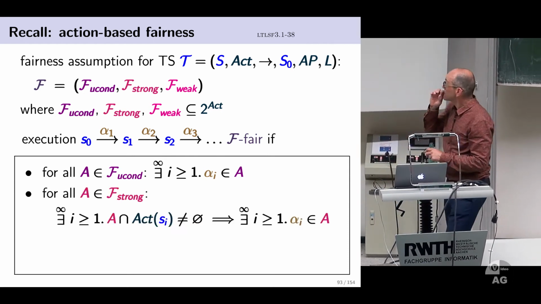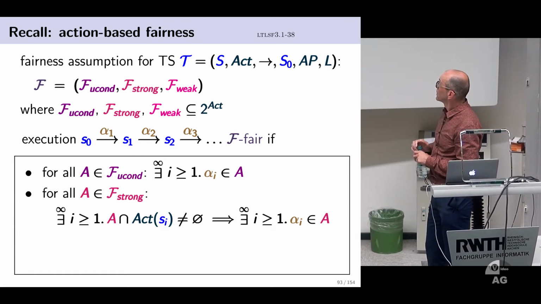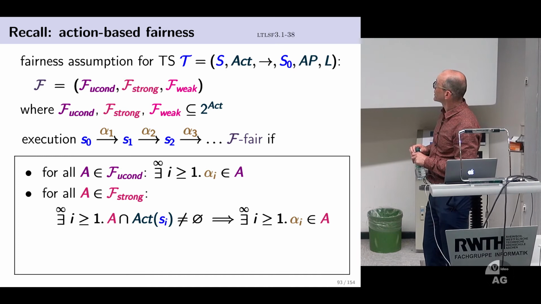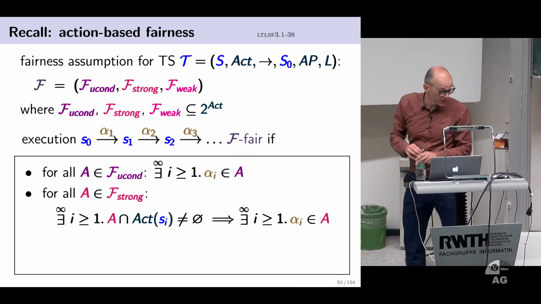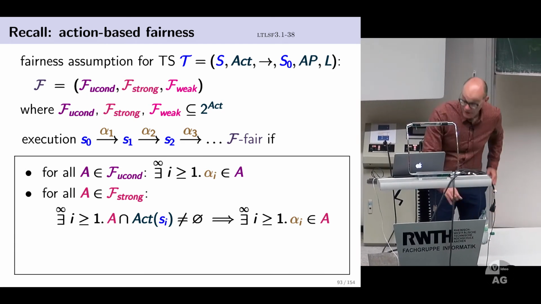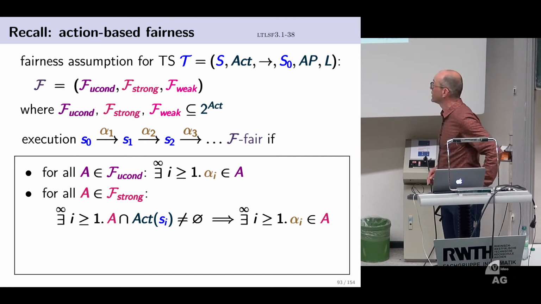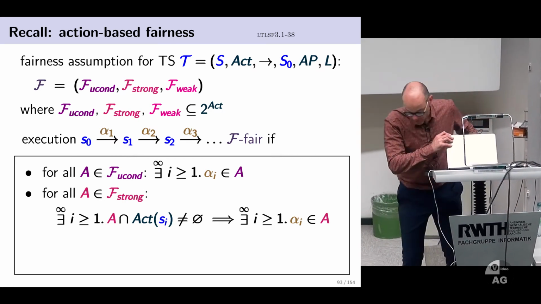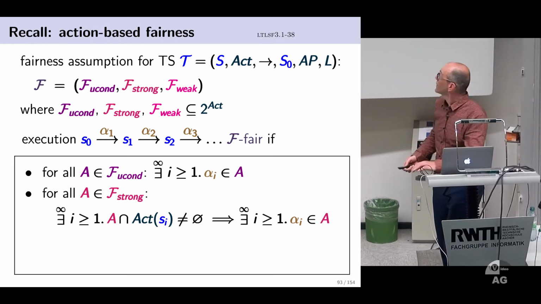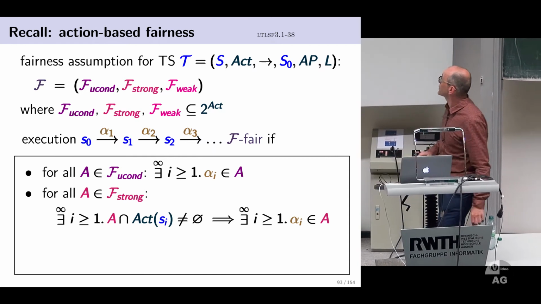For the strong fairness, the premise says that you need to have infinitely many positions where some action in A is enabled. So some state in your run needs to satisfy the fact that you can execute this action, because you need to have infinitely many of those states in which you can perform this action.